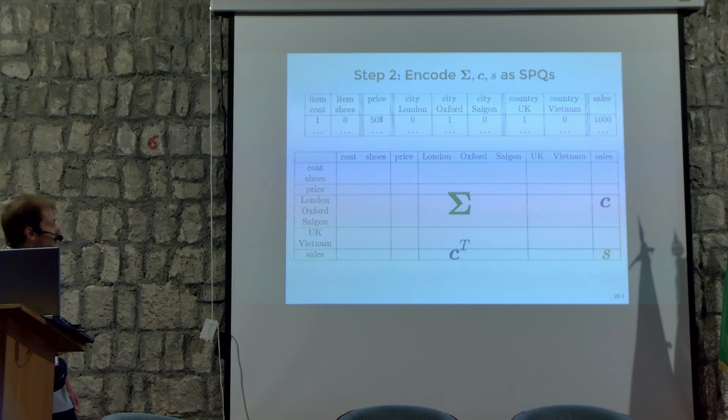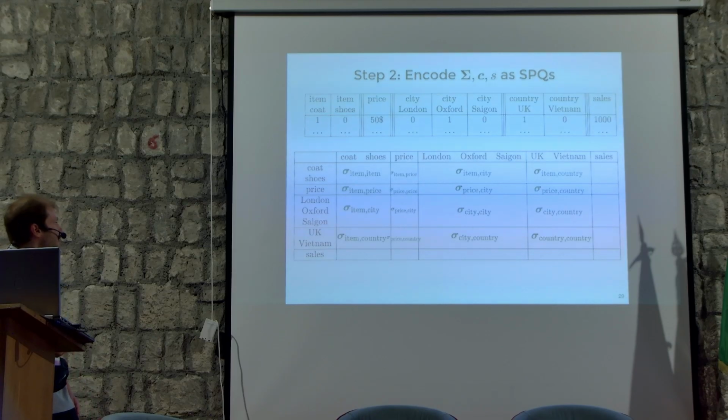Now the question is how can we compute them, or encode this computation, as sum product queries? To that end, we will break the matrix sigma into blocks. One block here, let's say, is for the correlation of item with item. You can think of this part of the matrix as going through these rows one by one, where for every row we take the outer product of just the item part with itself. We have similar entries.